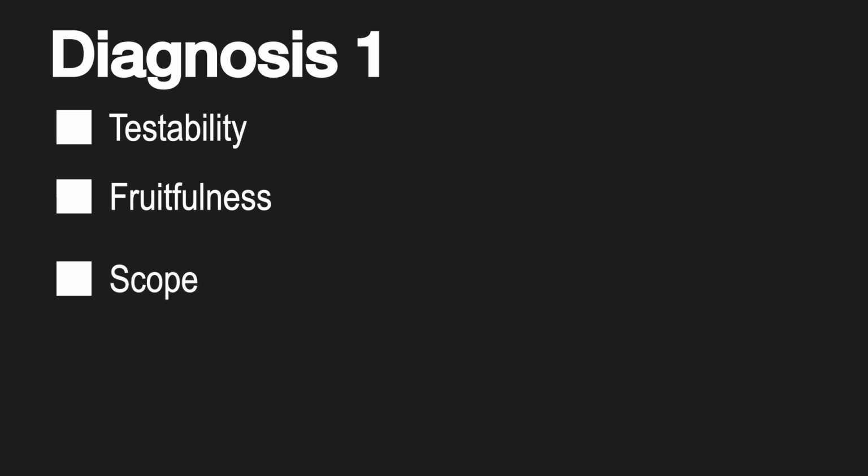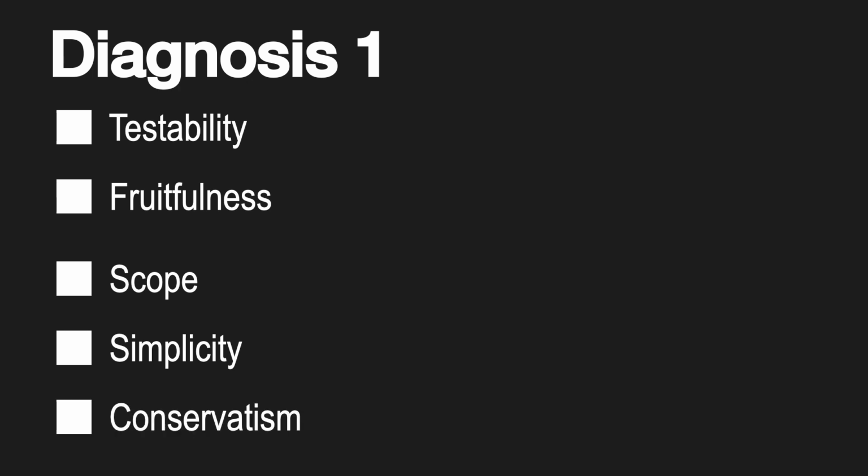Does it have scope, explaining most of the signs and symptoms? Is the diagnosis simple, Occam's razor, and explains everything with a single diagnosis instead of proposing two diagnoses occurring at the same time? And is the diagnosis conservative, meaning, is it prevalent and scientifically well established?